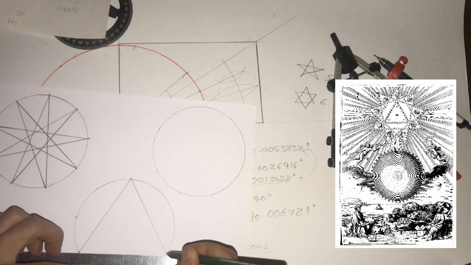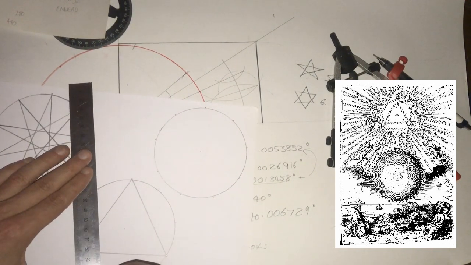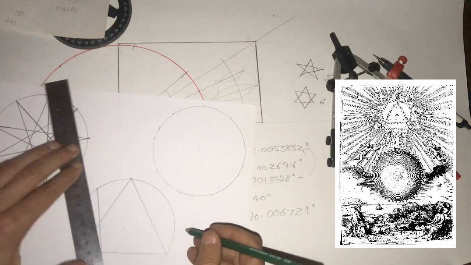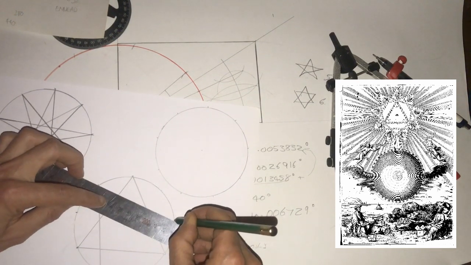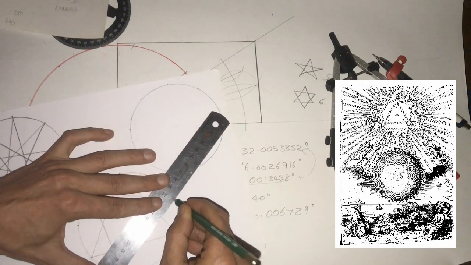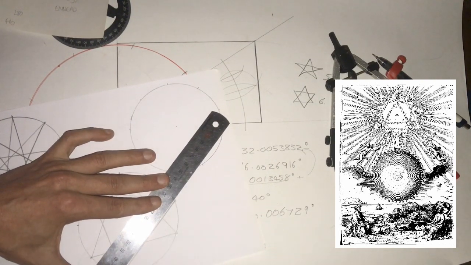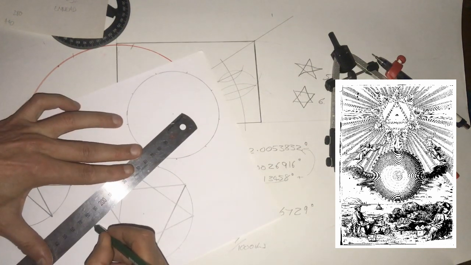Now we have an equilateral triangle. If I repeat the same again, 1, 2, and this over here, now we have another equilateral triangle, and then with the 3 remaining, we have a third equilateral triangle.